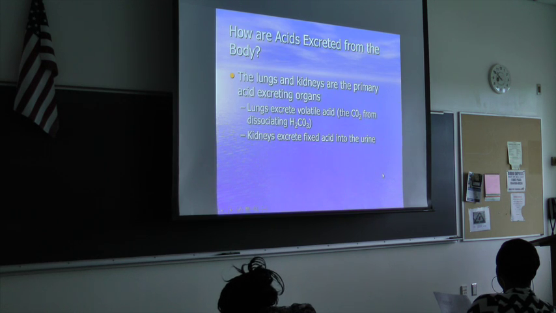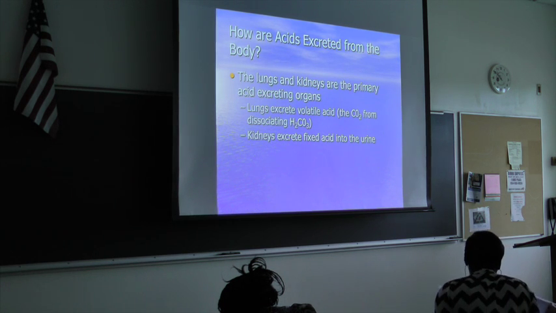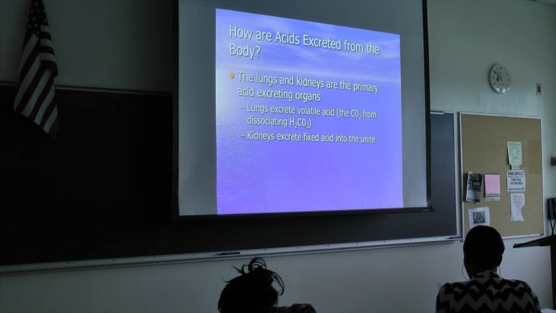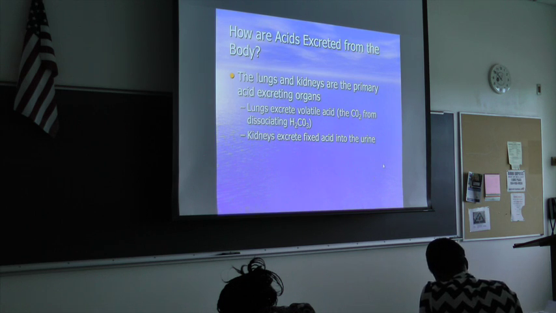All right, so how do we get rid of acids from the body? It tells you the lungs and the kidneys work to get rid of acids. So those are the primary acid-excreting organs. Lungs will excrete volatile acid. Remember, volatile meant that it turns into a gas.